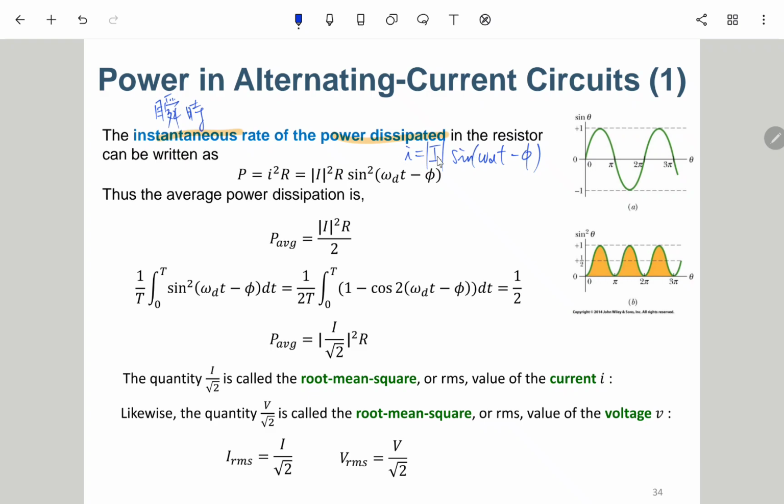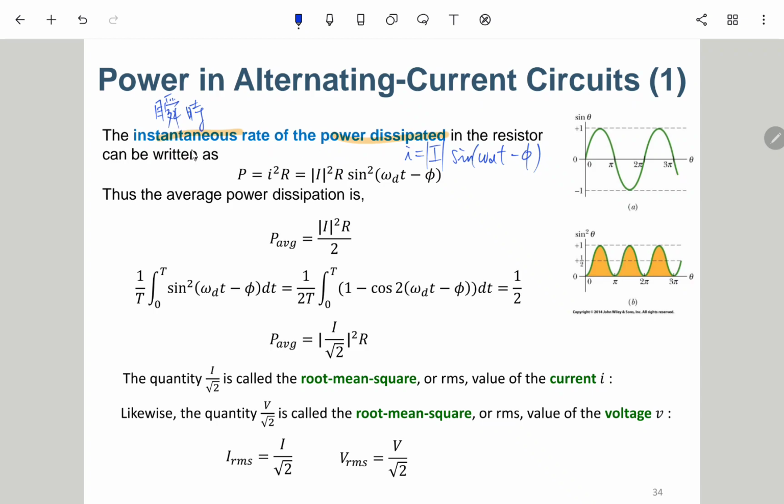If we plug this into here, we have this square, and then we also have this square. So this is the I, and this is the I squared. The I squared is still a sine, but a shifted version. It shifts to above 0, between 0 and 1.